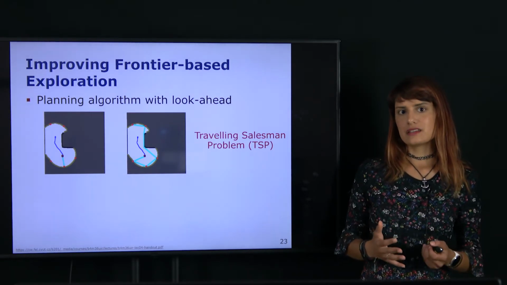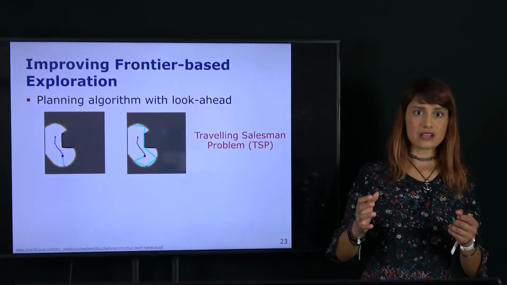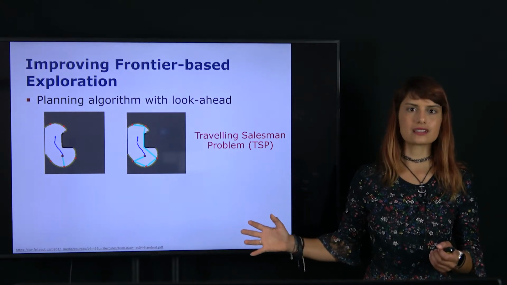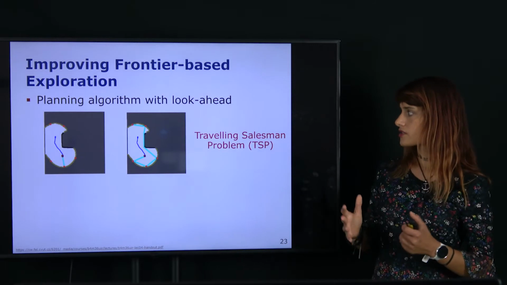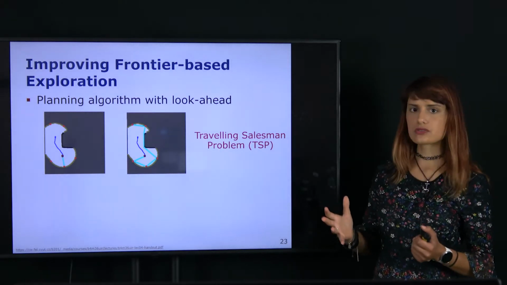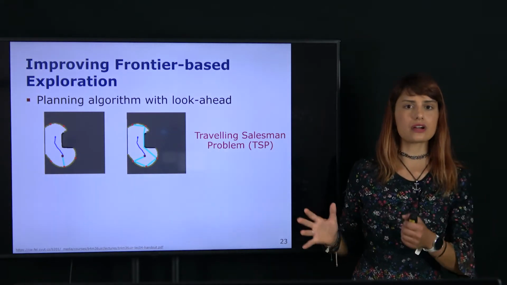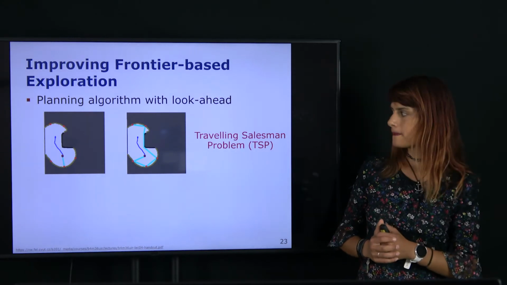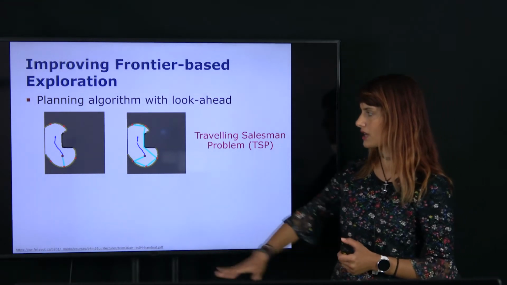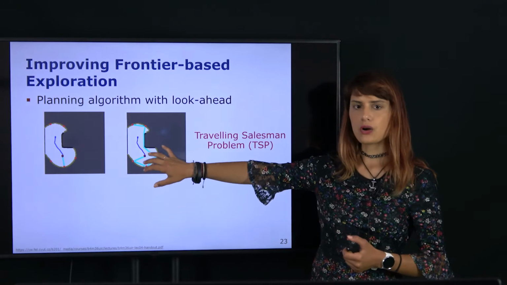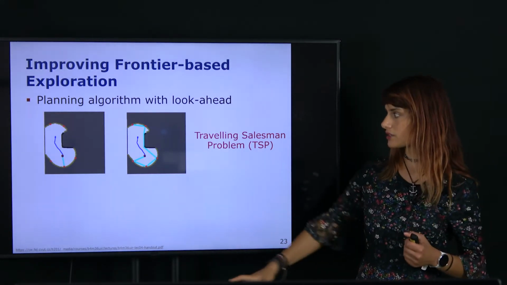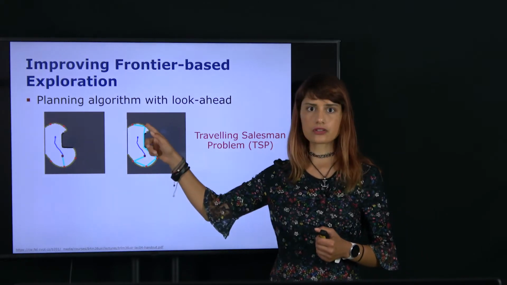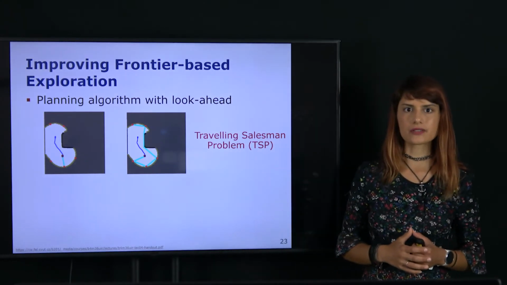Here, the basic idea is that we have a salesman that has to travel between several cities, and he knows the distance between these cities. So what is the shortest possible route our salesman can take in order to travel all the cities? This is exactly the same question we're asking here with frontiers. How can the robot make the most out of its limited budget, its limited battery life, and visit all the frontiers in the shortest possible amount of time?